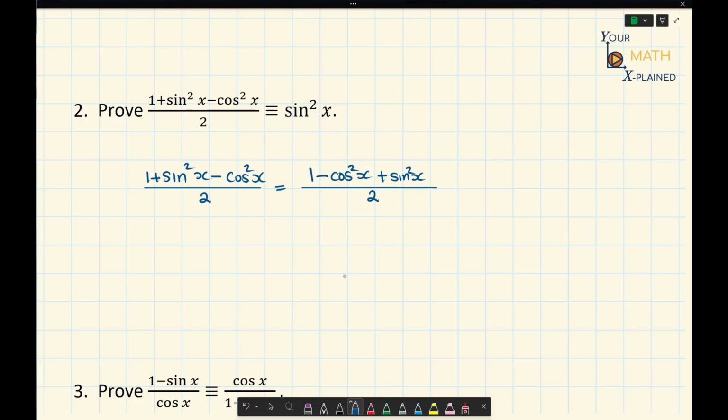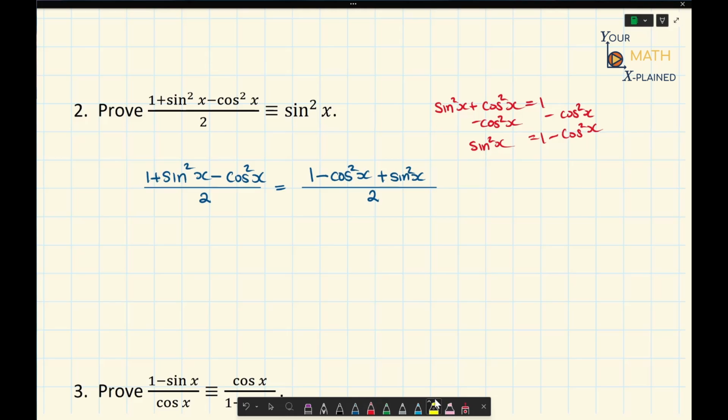We can use our Pythagorean identities here because that says sine squared x plus cos squared x is equal to 1. So if we subtract cos squared x on both sides, we get sine squared x is equal to 1 minus cos squared x.